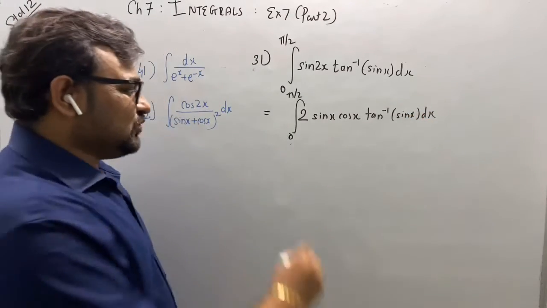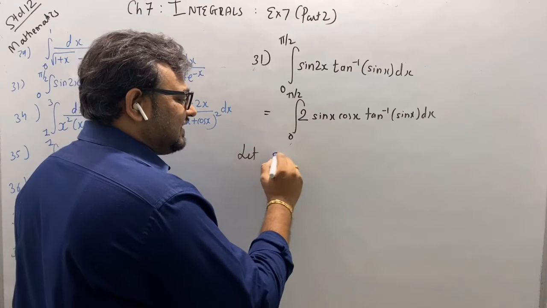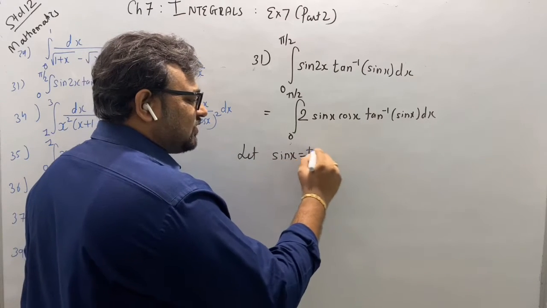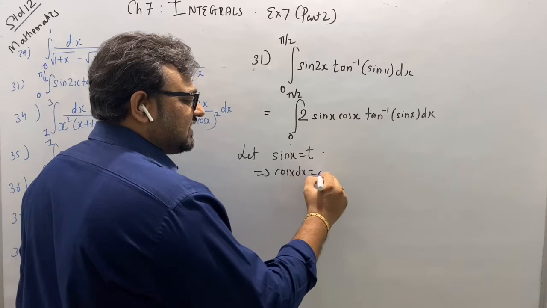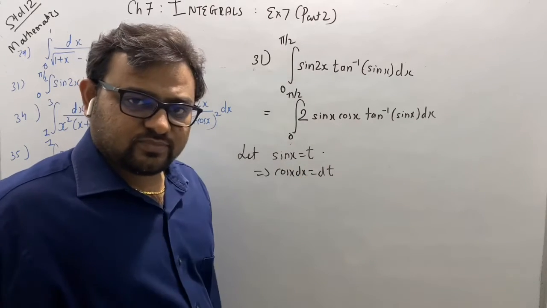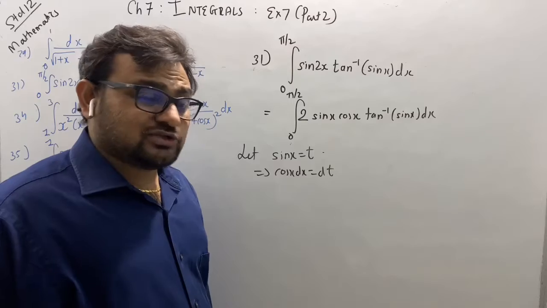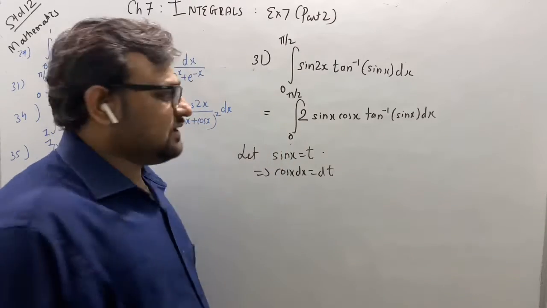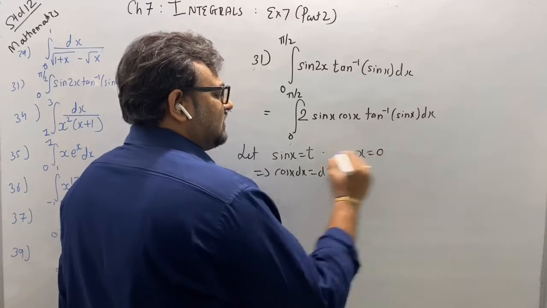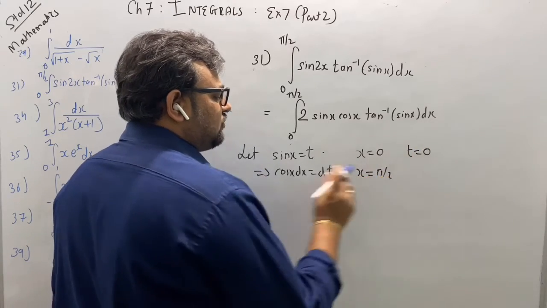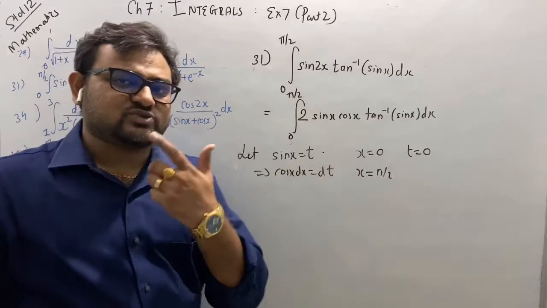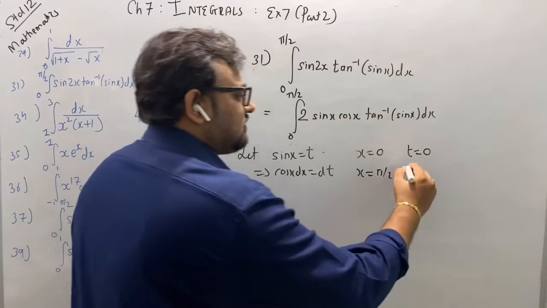Now let sin x equal to t, so cos x dx equals dt. Now you also need to change the lower and upper limit. When x is equal to 0, sin 0, t is equal to 0. When x is equal to pi by 2, sin pi by 2, its value is 1.